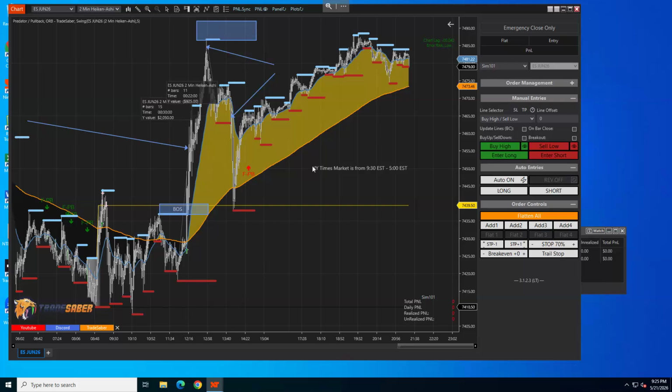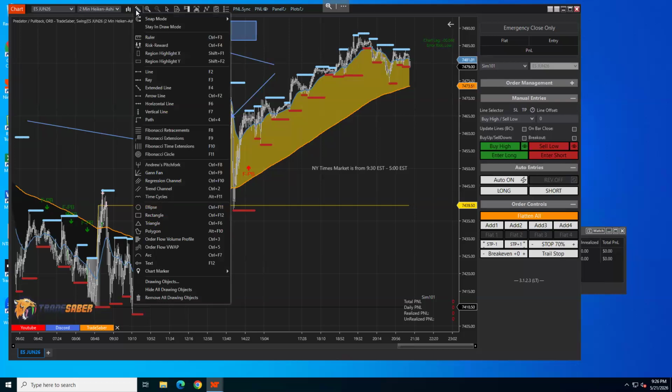Eastern Standard Time is 3 hours ahead. We're in Las Vegas on the West Coast, so that would be 3 hours behind. So 9:30 Eastern Standard Time is 6:30 in the AM our time, and 5 o'clock Eastern Standard Time is 2 o'clock our time. So the market is open from our time from 6:30 to about 2 for New York.